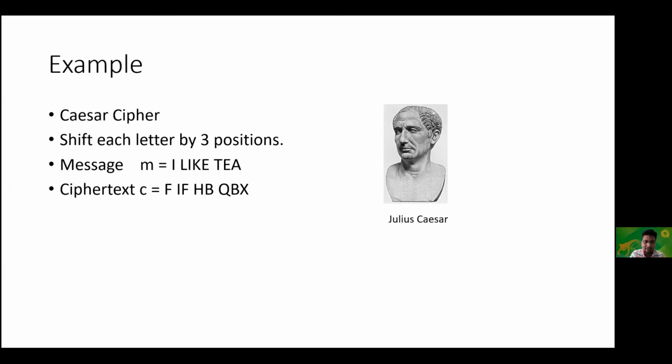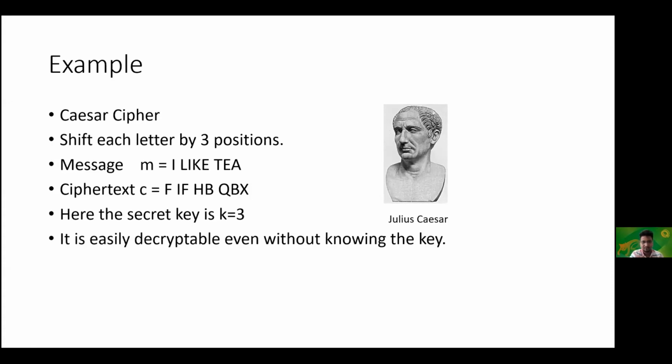If you replace all those letters like that, you get the ciphertext, and this ciphertext looks quite unreadable. However, if you know the key, that all the letters are shifted by 3 positions, then you can recover it. You can just take all the letters and replace them by the third letter on your right, and you will get the original message.